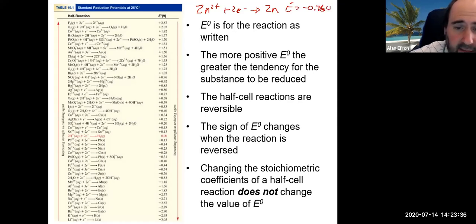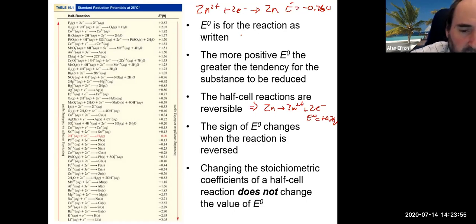But if you reversed it, which is what this says right here, if I reverse that reaction around like I was just talking about, the E value here would then become positive 0.76 volts.